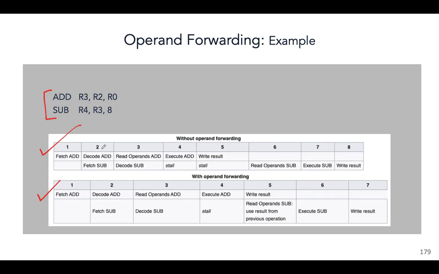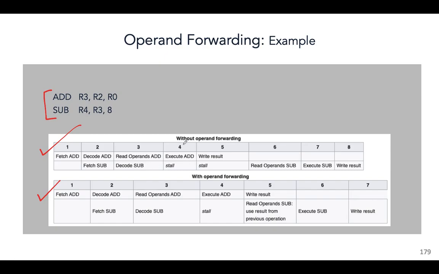So in clock cycle 2, the add instruction is decoded and the subtract instruction is fetched. Then clock pulse 3 occurs. The add instruction will then move on to the next phase where the operands will be read, right? Operands will be fetched from memory. At the same time, during clock pulse 3, instruction 2 will be decoding. So the decoding process will begin for instruction 2.